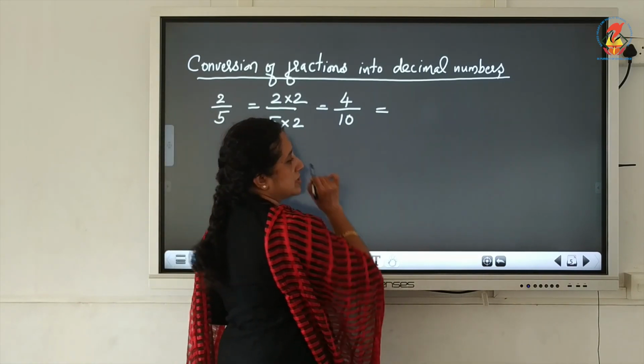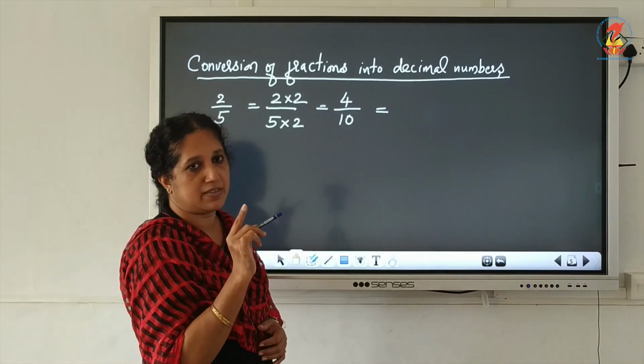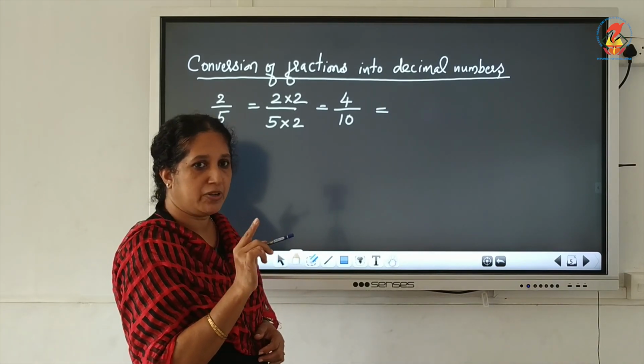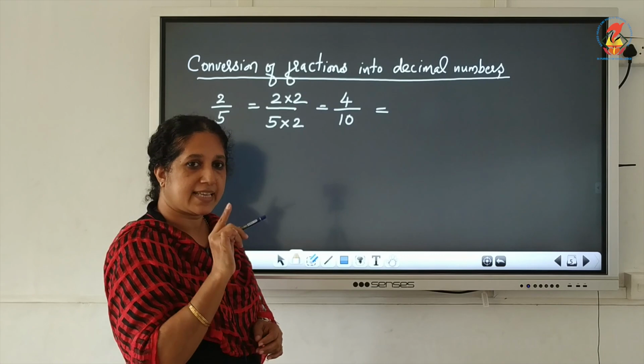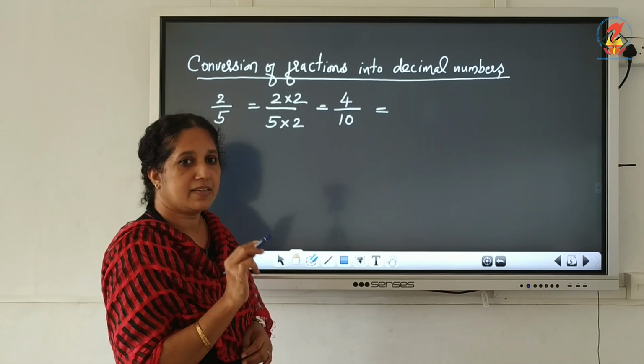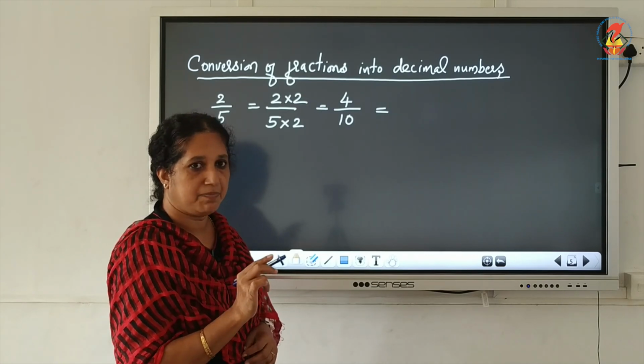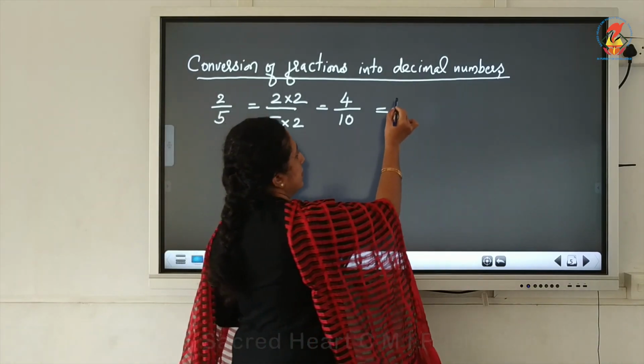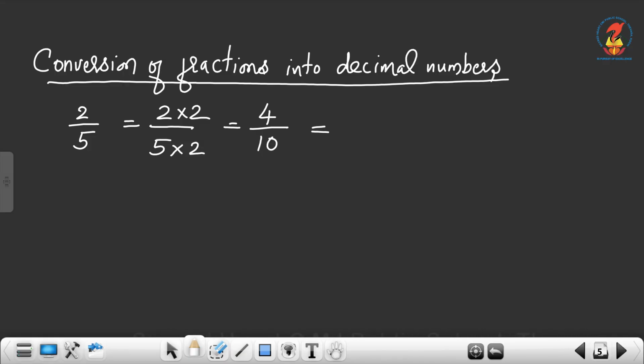Count the number of zeros in the denominator. There is only one zero. Therefore, you count the same number of digits in the numerator, move to the right, and after that put the decimal point. So it is 0.4. So 4 by 10 means 0.4.